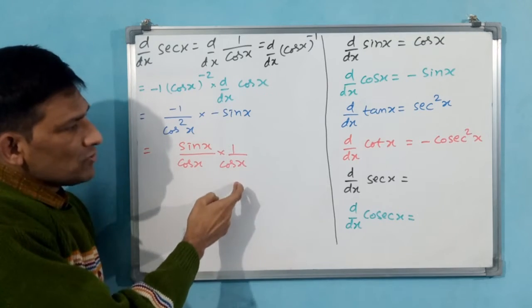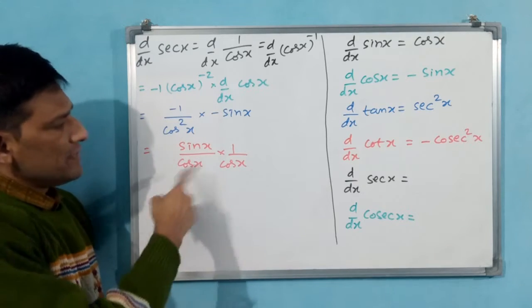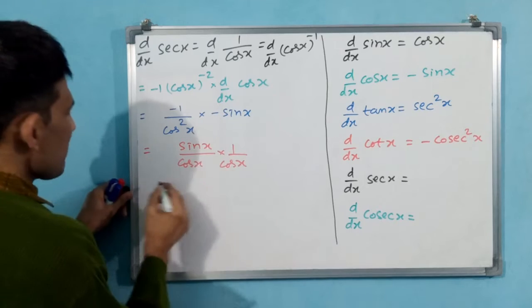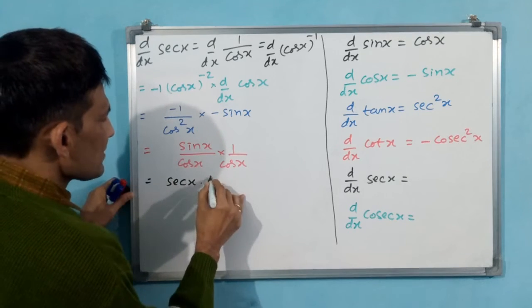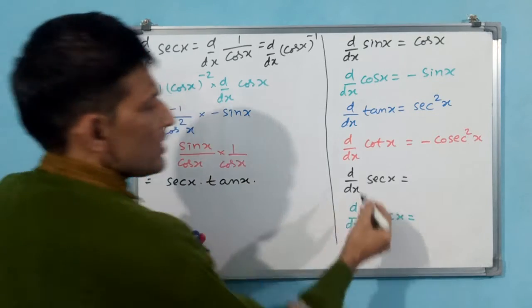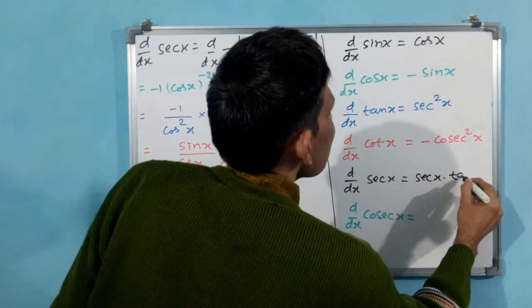Why? Because I want to write this as secant x tan x. That is why I wanted to write like this. You see 1 by cos x is secant x. Sin x by cos x is tan x. That means here you can write d by dx of secant x is equal to secant x tan x.